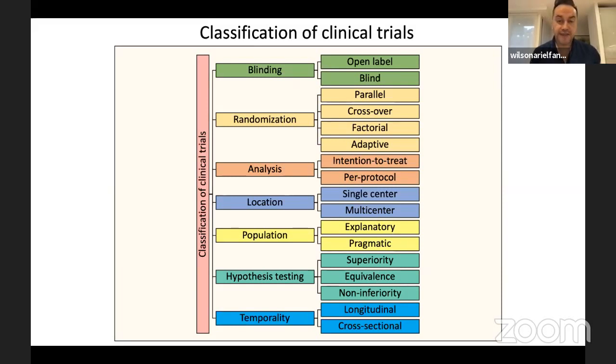There are two main things: you have to plan your intention to treat analysis, number one, but it's equally important to have a plan for your missing data. Why is it important? Because there are some strategies to try to prevent the missing data, number one. And number two, if the missing data is so much, it would bias your results, as we will see later on, and that will obviously decrease your statistical power.